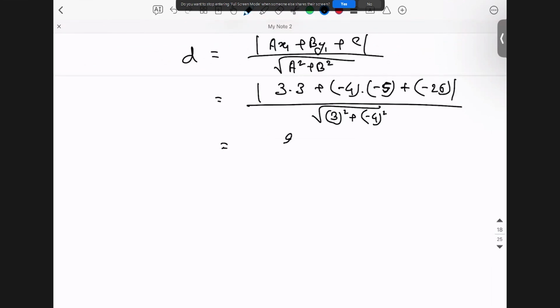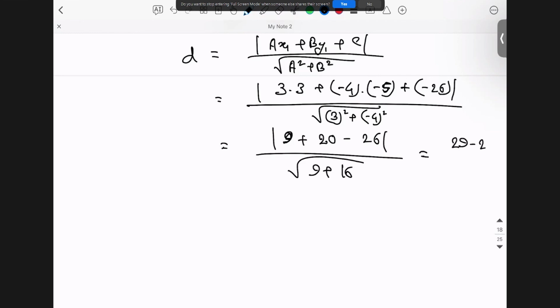This implies modulus of 9 plus 20 minus 26 divided by square root of 9 plus 16. So this will give us modulus of 29 minus 26 divided by square root of 25, which further gives us 3 divided by 5.